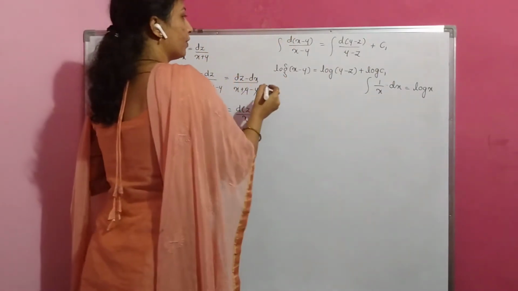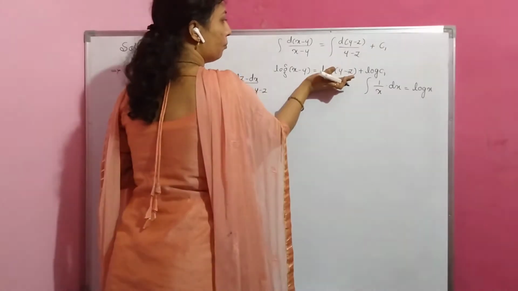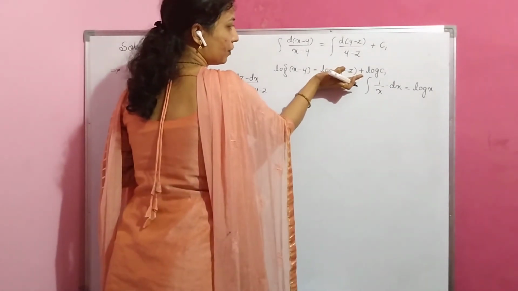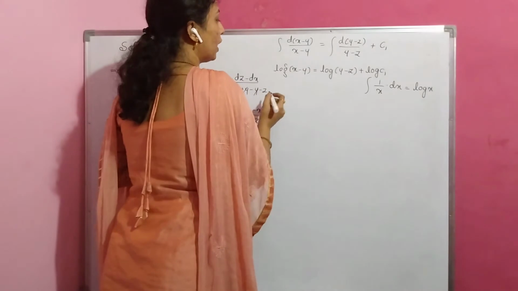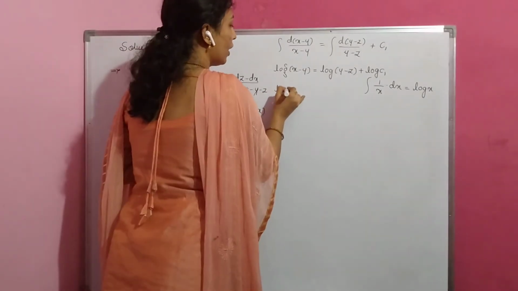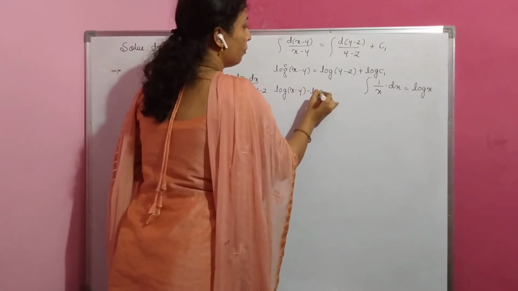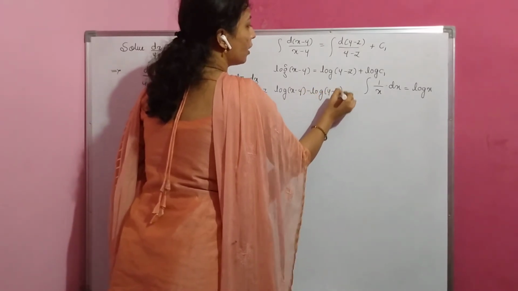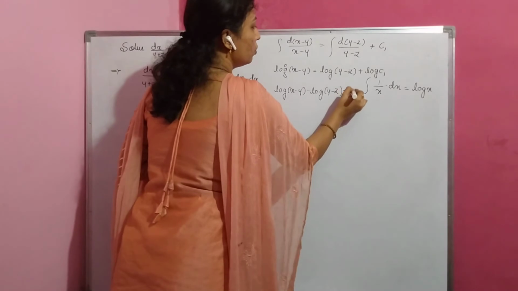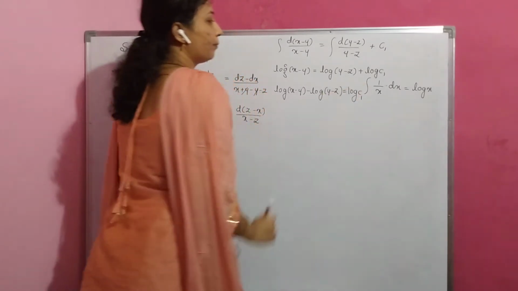So again, if I transfer this log of y minus z to the LHS, then it becomes log of x minus y minus log of y minus z is equal to log c1.